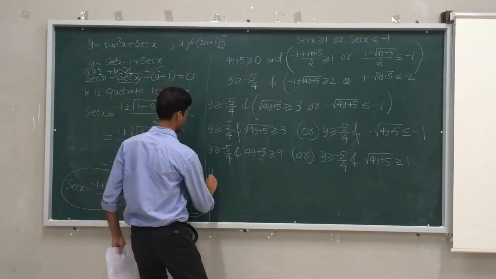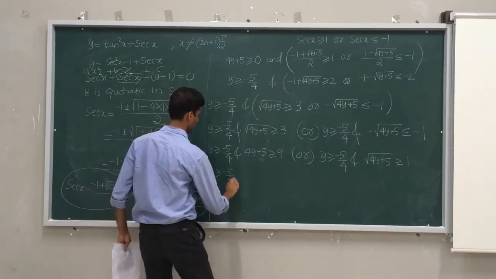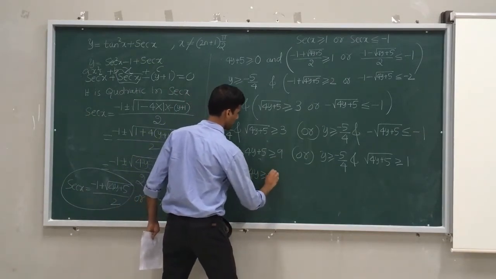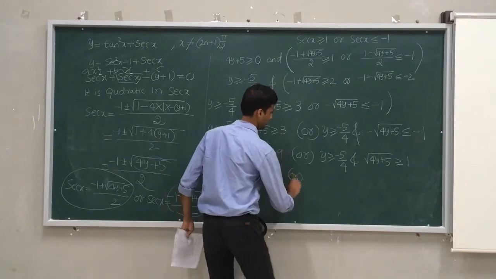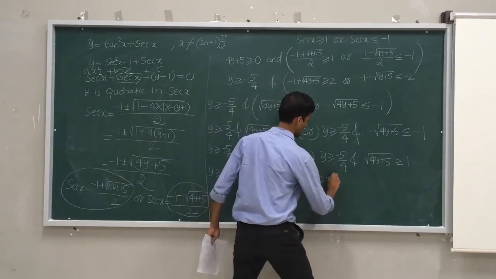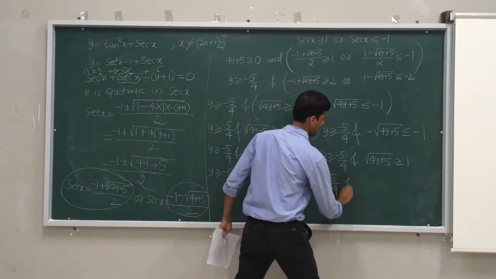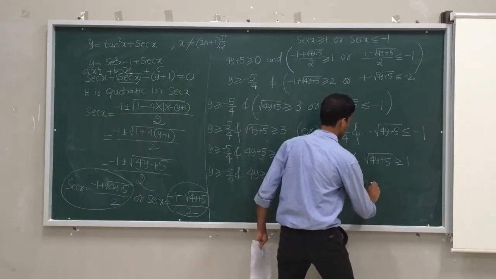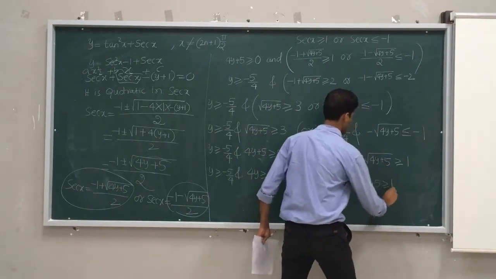So y is greater than or equal to minus 5 by 4 and 4y is greater than or equal to 9 minus 5, which is 4, or y is greater than or equal to minus 5 by 4 and when you square on both sides, you will find 4y plus 5 greater than or equal to 1.